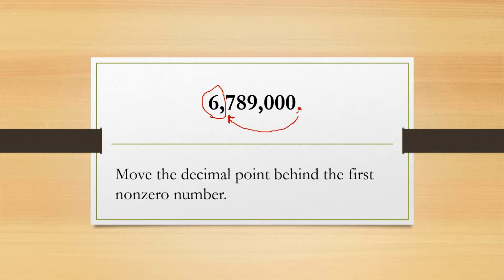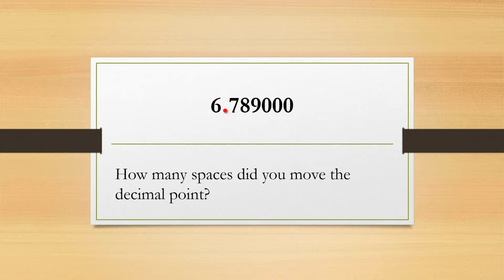We need to move it 1, 2, 3, 4, 5, 6 places in order to put the decimal point right after the 6. So we moved the decimal point 6 places. Keep that number in the back of your mind, because we're going to use it in a second.